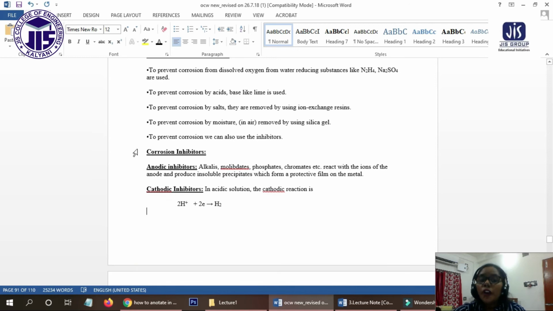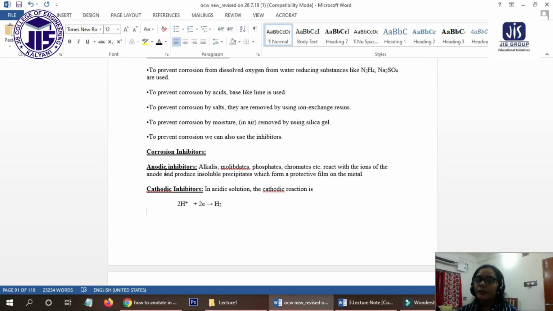Now, or we can use corrosion inhibitors. Very important, corrosion inhibitors. Corrosion inhibitors generally are of two types. One is anodic inhibitors, one is cathodic inhibitors. Anodic inhibitors means the compounds that we use to inhibit the reaction, that can prevent the anodic reaction.